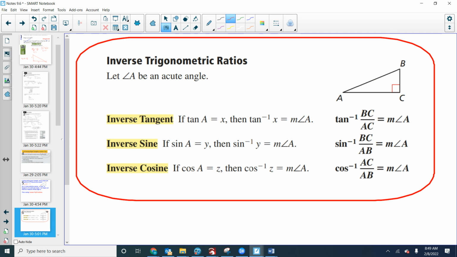So here's how they look, okay? This looks kind of confusing. It's not that bad, okay? Inverse tangent. If I wanted to find angle A, this is already filled in for you, isn't it?